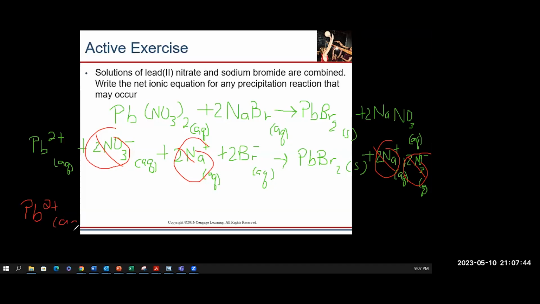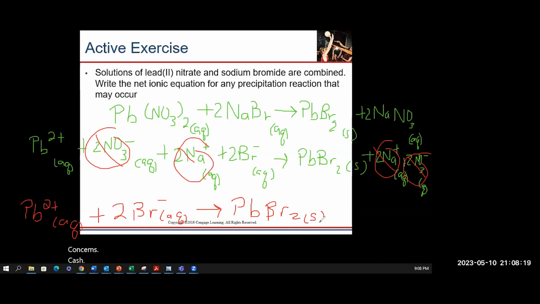Okay, so now all we have to do is write what's left over for the net ionic equation. And we're good to go. Okay, questions? Concerns?